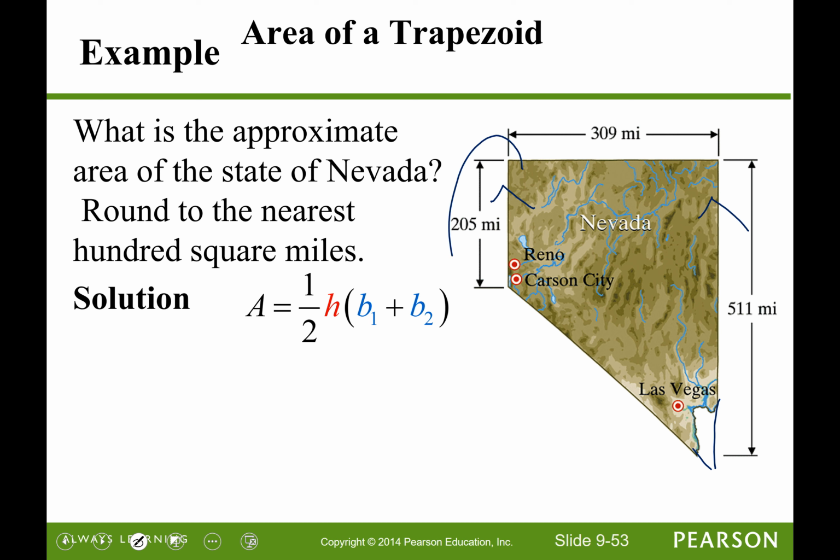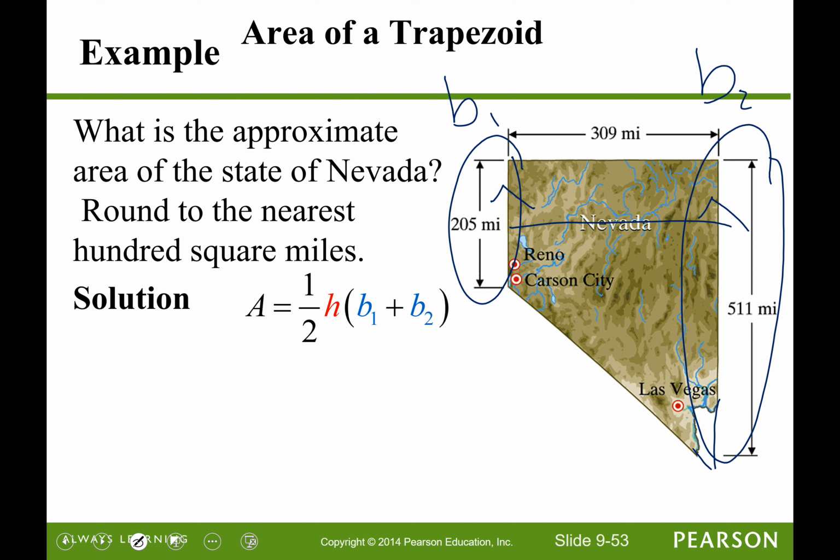So this one right here we can use as a base, and this one right here we can use as a base, but we need to use subscripts like sub 1 and sub 2 to identify them as different bases. And then the height would be the perpendicular distance between those two bases. So it'd be like that distance right there, or right there.